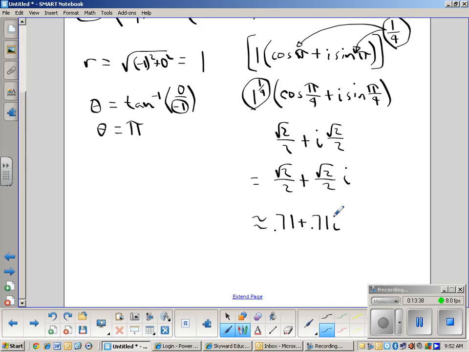I don't know if they asked for that. Probably because some of them we're going to have to round. Some of them are not going to be nice numbers like pi over 4. Maybe we get 19 pi over 20. We don't know what that is, so we just round it.